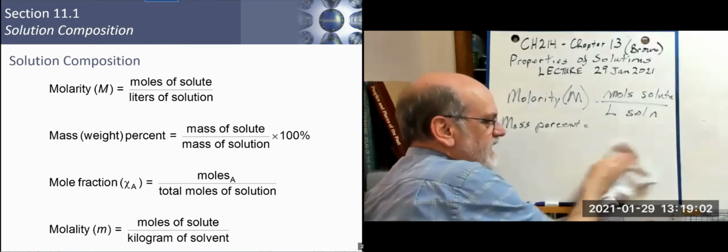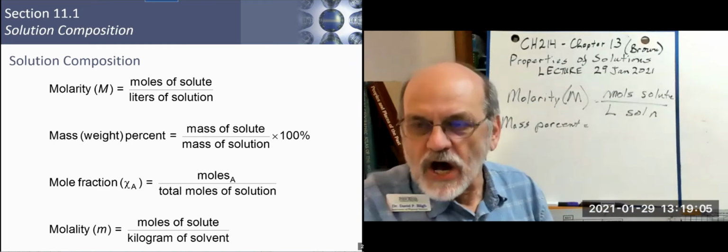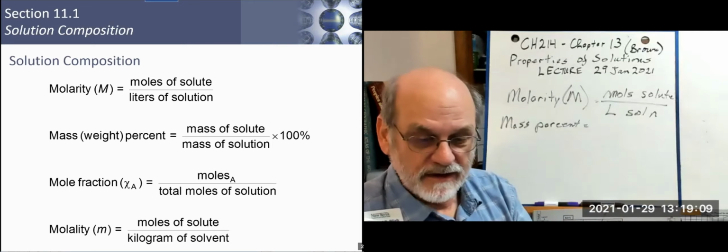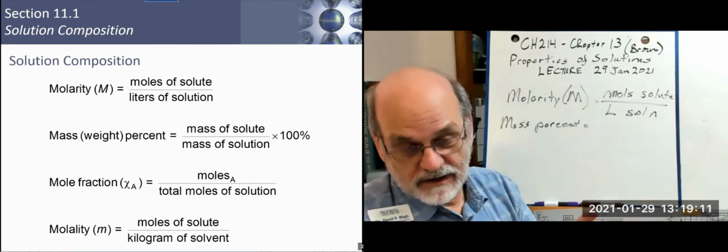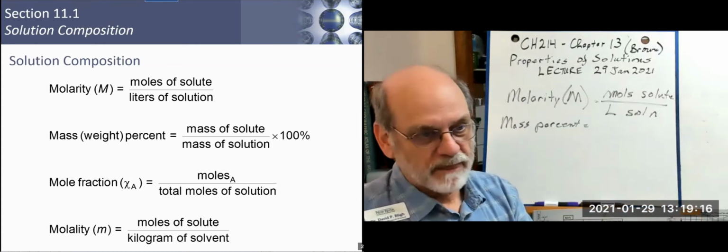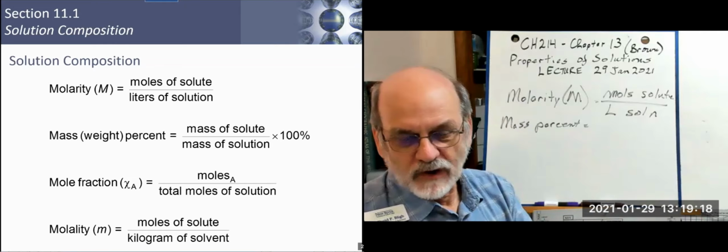So whenever you see percent, if percent is not accompanied with that little definition of what type of percent it is, then you either have to look for convention or make an assumption, or you can't use it.